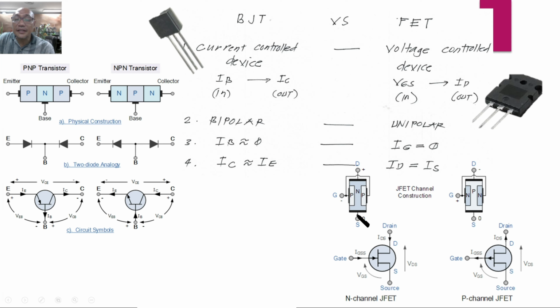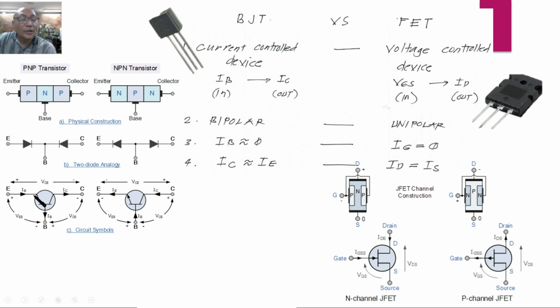Since the drain and the source are connected directly to each other through a single material, the current therefore that is passing from the drain into the source are equal. Not like in our bipolar junction transistor. Considering for example IE and IC, it does not directly pass from emitter going to the collector, but it passes through our base.